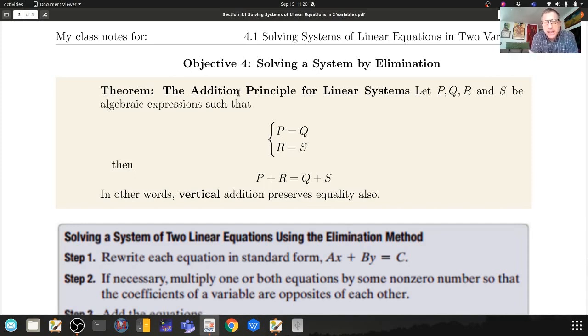So we have another way to solve linear systems, and this is our fourth objective. And I actually state it as a theorem. The book does not give it as a theorem, but I like this. So let P and Q and R and S be linear equations in the variables x, y.